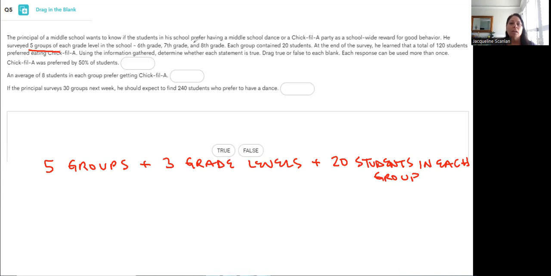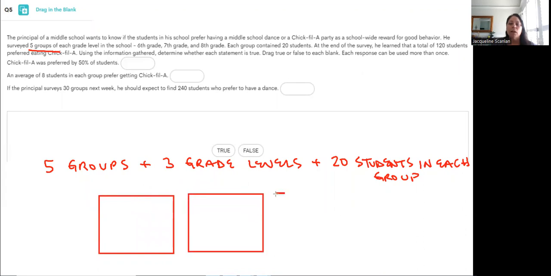Okay, so I can look at this a couple of ways. I can start by saying, well, I've got 3 different grade levels. I've got my 6th grade level, my 7th grade level, and my 8th grade level, right? Maybe we could just group it like that. So for 6th grade, I have 5 groups.